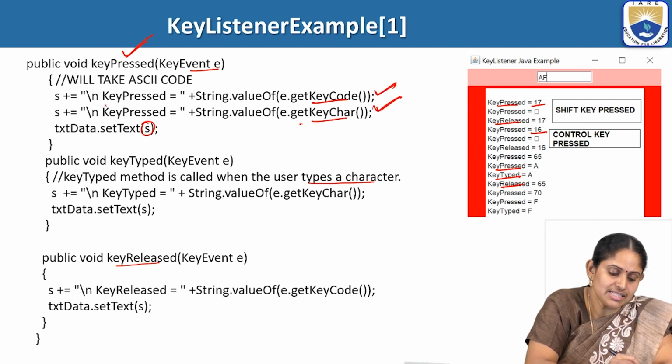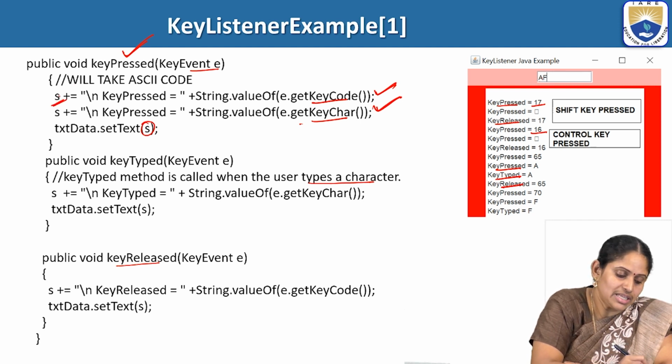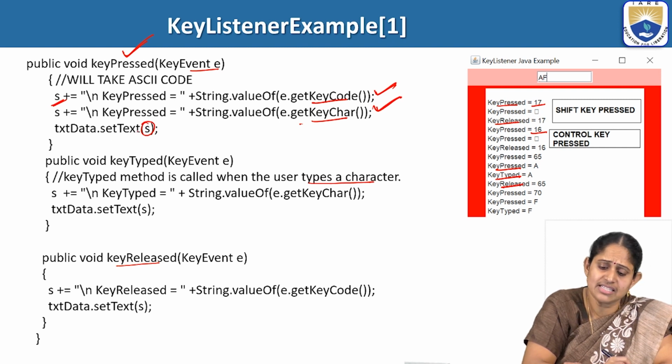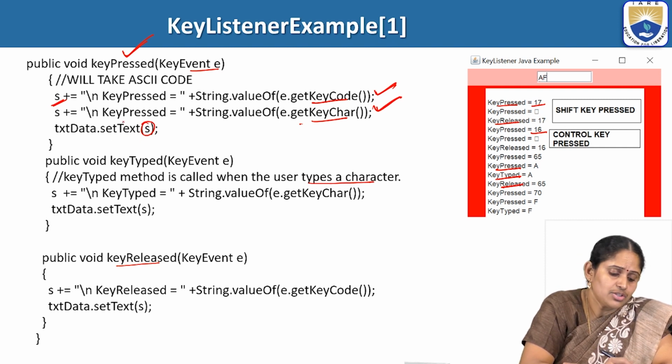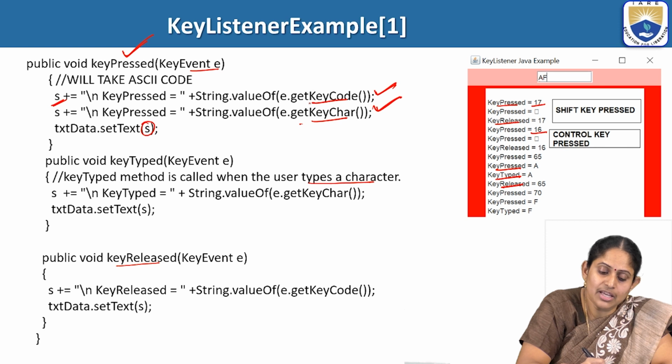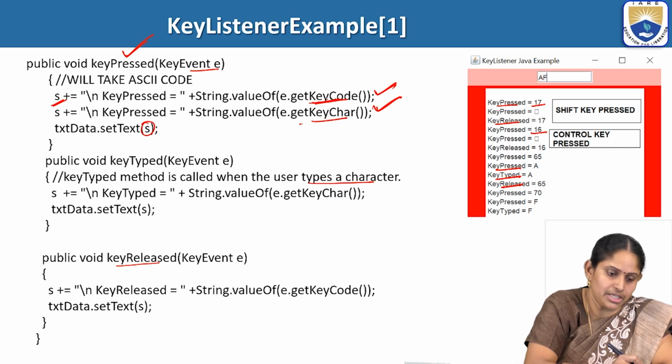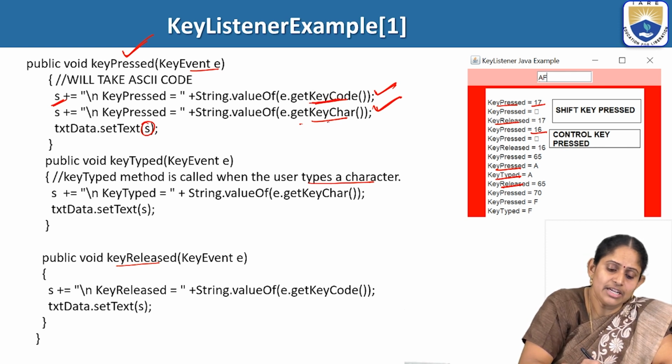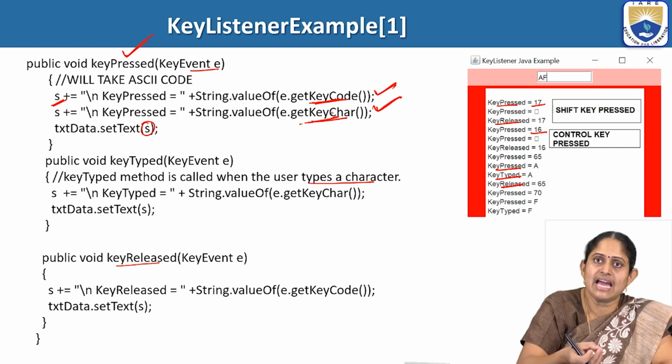What happens here is that this S is a string. We store some data into that string, and that data is displayed on the text area. The string stores the key code, or the ASCII code, of that particular key pressed, and it also stores the character which was pressed.